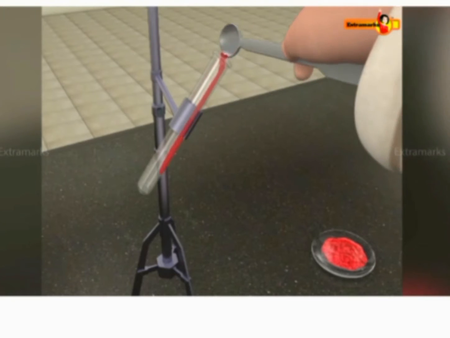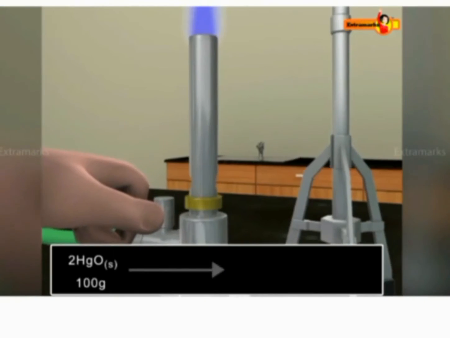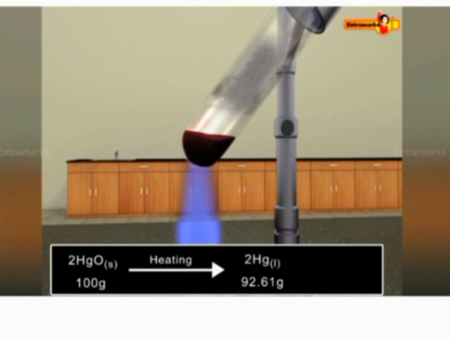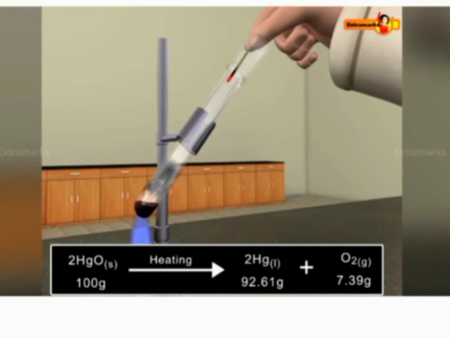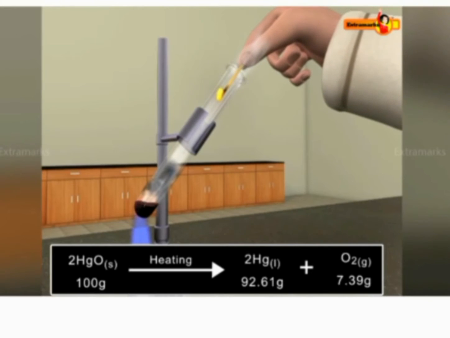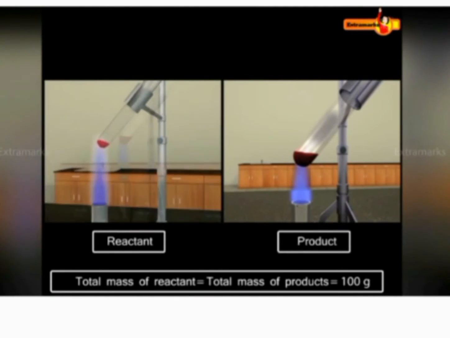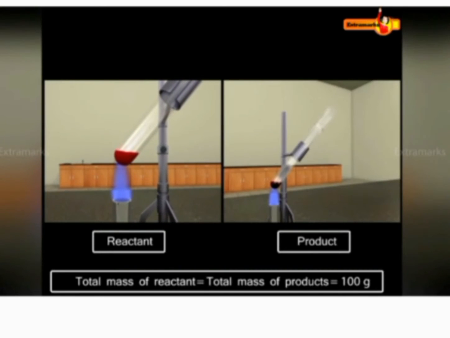Take an example of mercuric oxide. 100 grams of mercuric oxide on heating gives 92.61 grams of mercury and 7.39 grams of oxygen. Hence, the total mass of reactants is equal to the total mass of products.